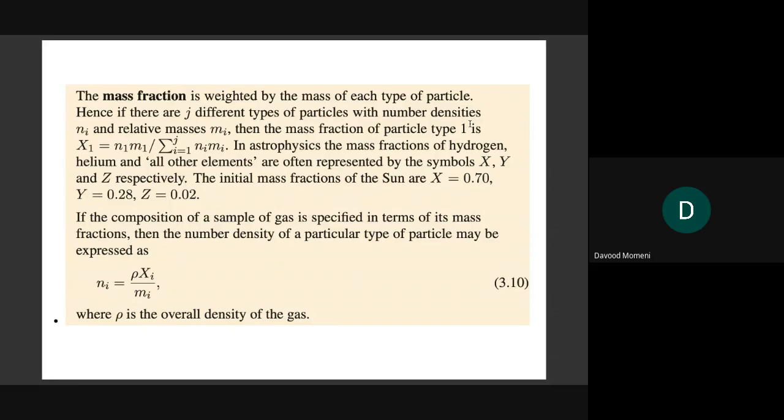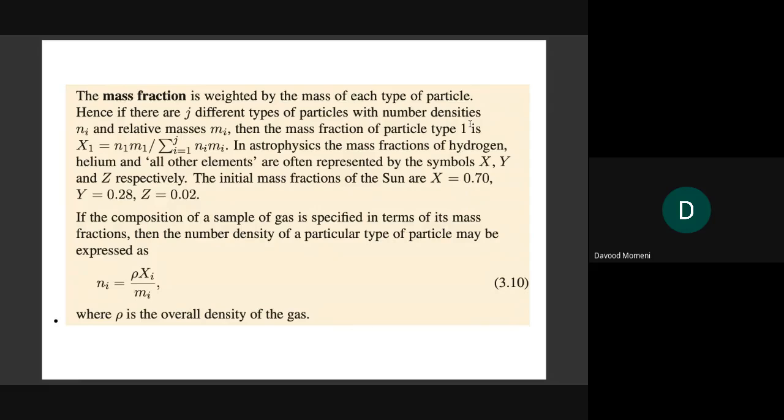This is like an average. For any collision of particles, you can define parameters like particle density, mass fraction, and so on.